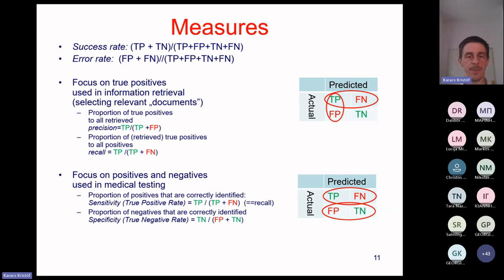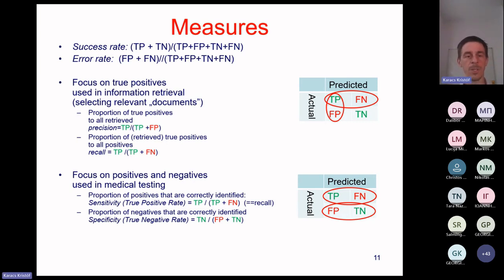Now, based on these basic definitions, we can define the success rate and the error rate we talked about so far using these values. The success rate is basically the ratio of all true positive plus true negative cases to all the predictions made, so the sum of all 4 categories from the confusion matrix.